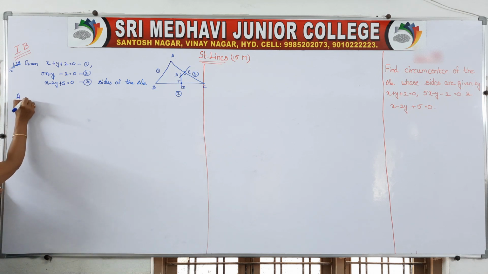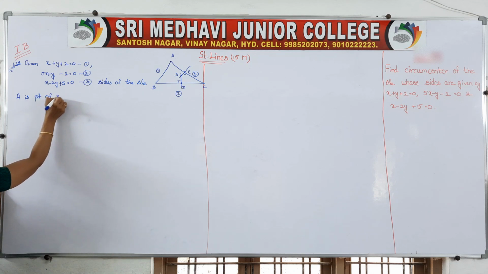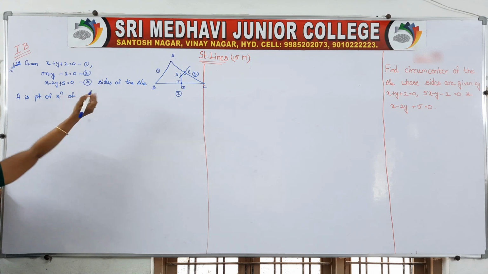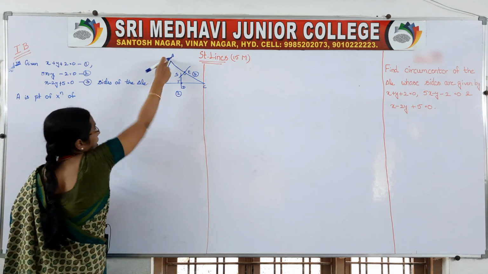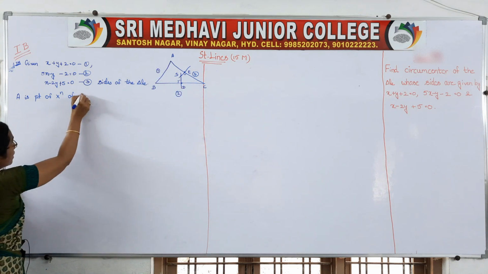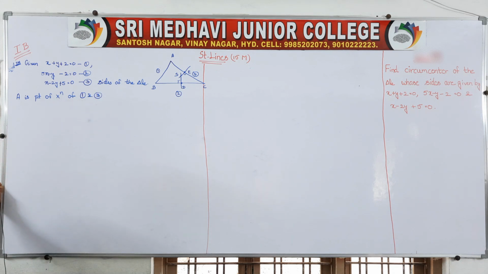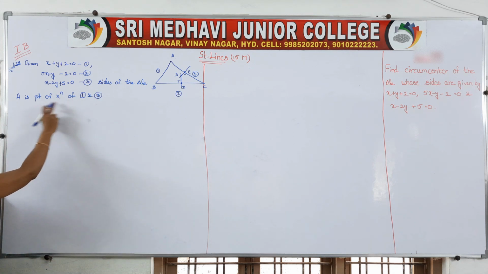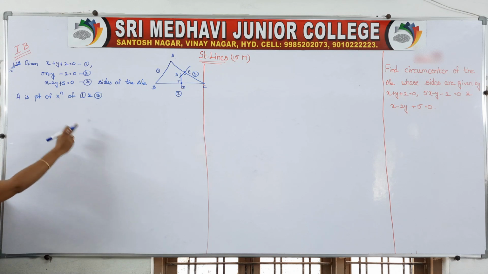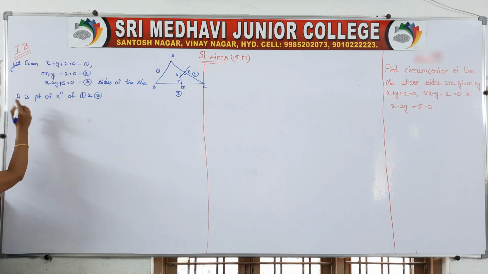First, A is the point of intersection of AB and AC, that is lines 1 and 3. You know how to find the point of intersection of 2 lines, so solve 1 and 3 carefully.